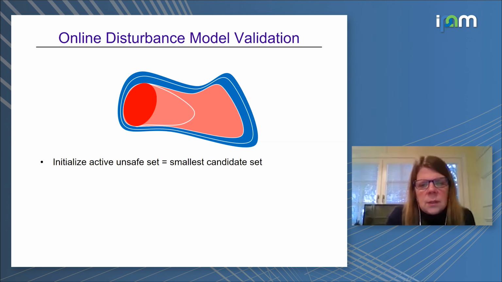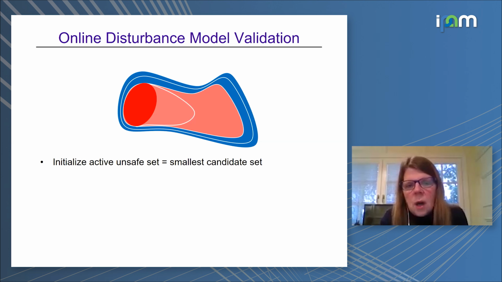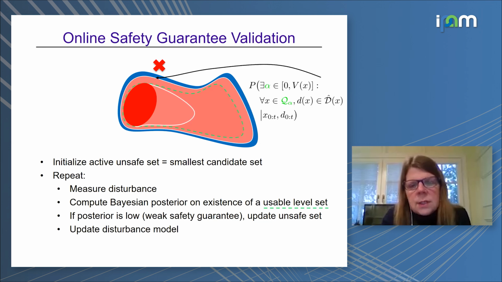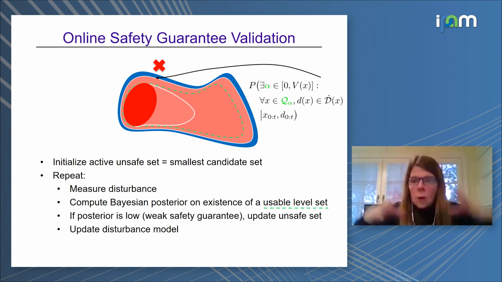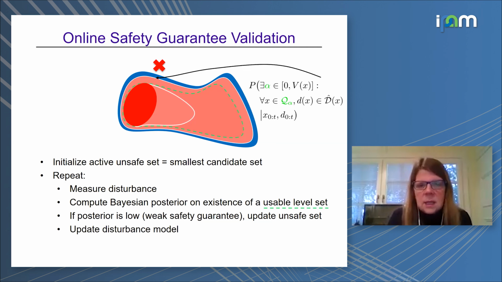So you start out, for example, with your nominal smallest candidate unsafe set, and you start to get measurements over time, which may violate your assumption about the disturbance. If it does, grow it to a super zero level set. We know that we can maintain safety for that with the old model.